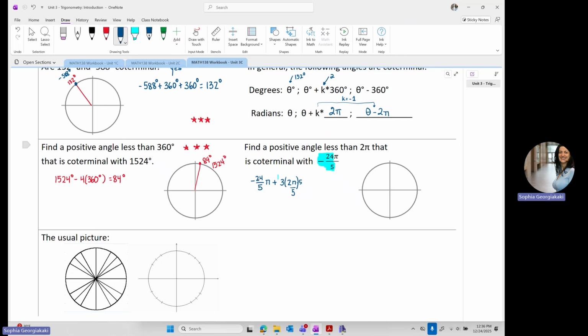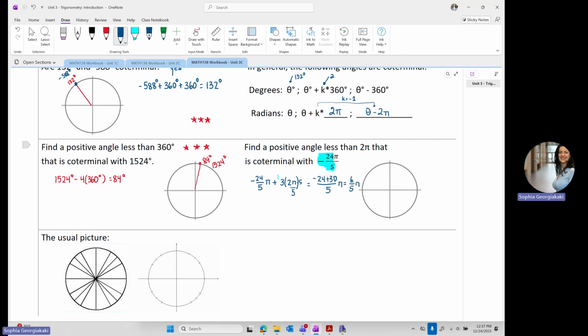So to make negative 24 a positive quantity, I need to add 10 pi and 10 pi and 10 pi, 30 pi fifths to make it positive. It became negative 24 plus 30 fifths pi, which was 6/5 of pi.